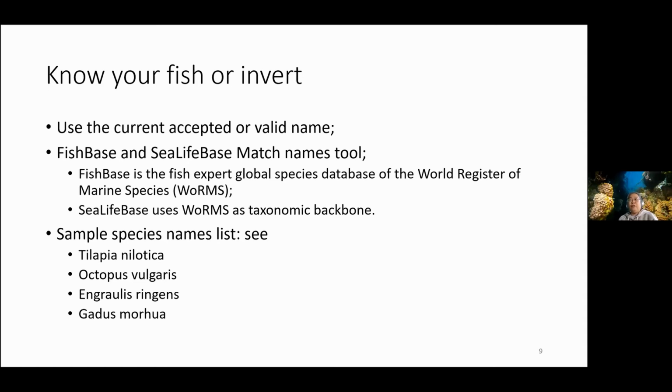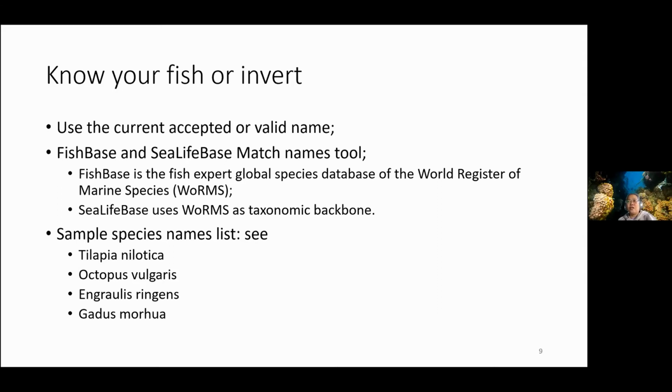So those of you who have used WoRMS before, you would know that this is something that is in any species database that's out there, you would see there's always something called accepted name, and both FishBase and SeaLifeBase have that. Now, if you have a list of species, for example, and you wanted to see what is the accepted or valid name of those species, you can actually use a tool.